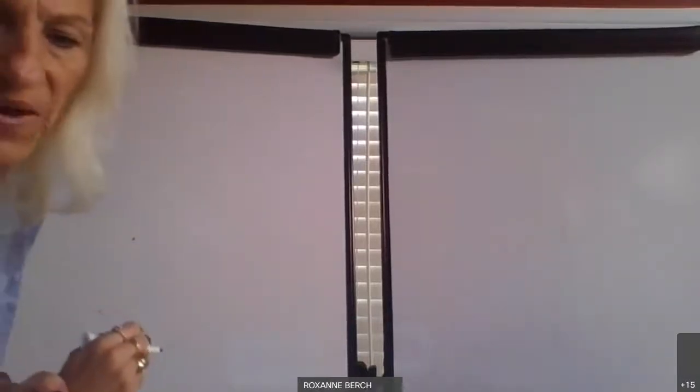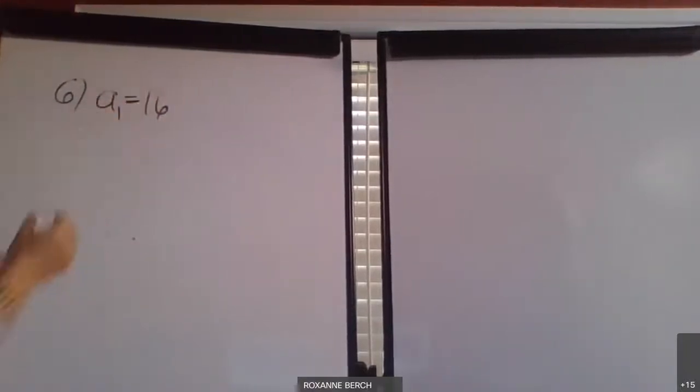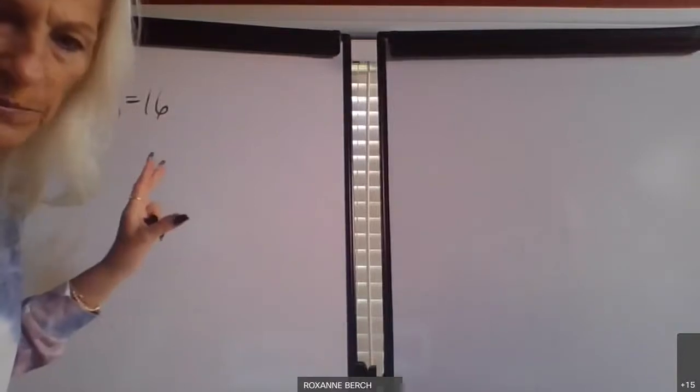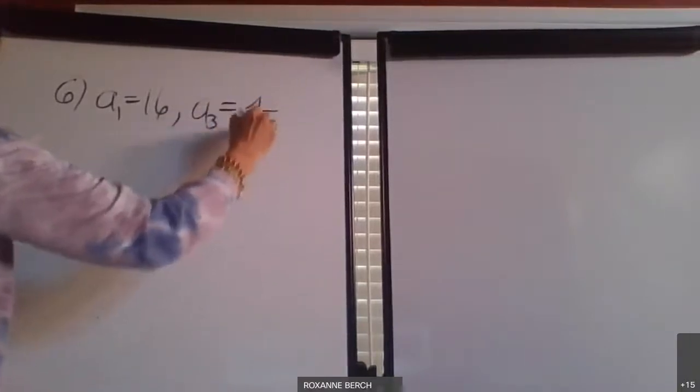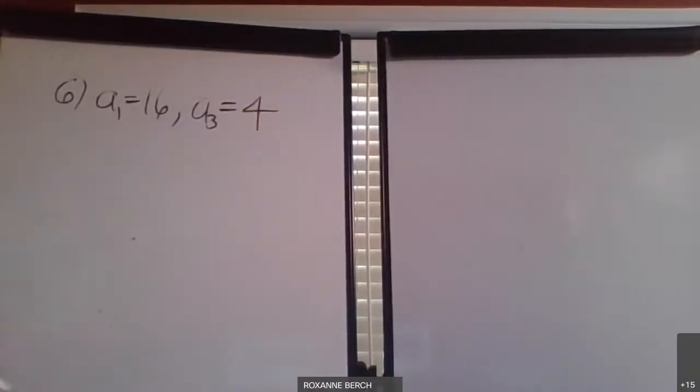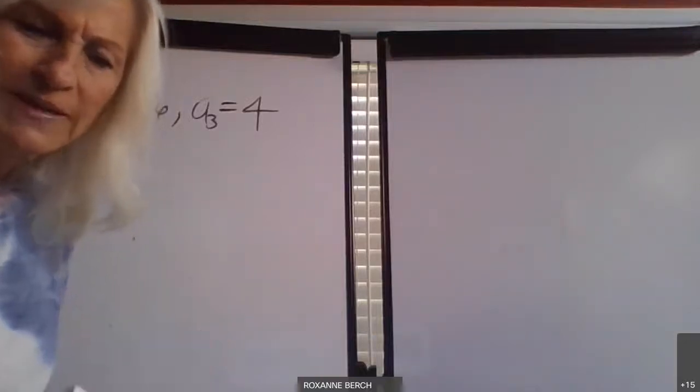Okay, this is number 6 in practice AB, and they're saying the first term, that's what that subscript means, the first position, is 16, and the third position is 4. So we know the first term, but how do we find the common ratio? Watch how I'm going to do it.